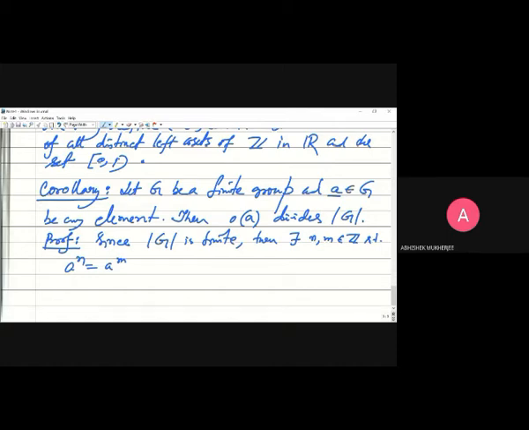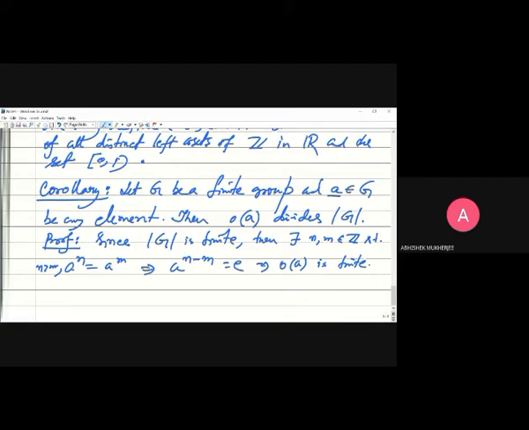This observation gives you the fact that, suppose n is greater than m, a to the power n equals a to the power m, so a to the power n minus m equals the identity. And this tells you that the order of a is finite, right?